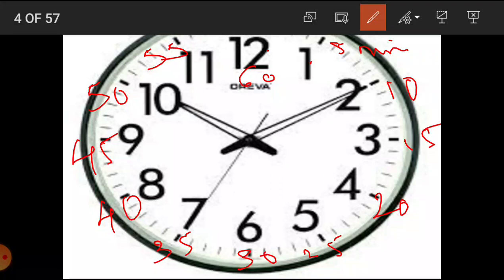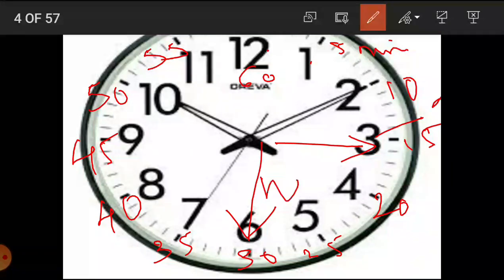Now what is quarter past, quarter to and half past? When the minute hand is at 3, then it is quarter past. When the minute hand is at 6, which means it is half, that is half past.